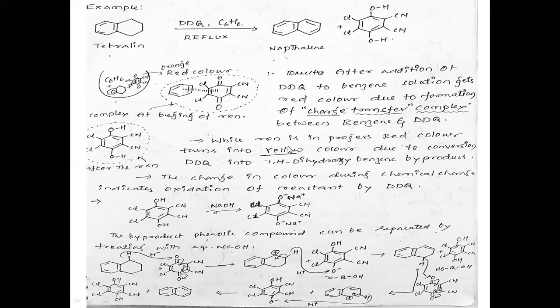While the DDQ is getting reduced, what is happening? The reactant is getting oxidized. Is it clear? DDQ is an oxidizing reagent. It itself undergoes reduction and it oxidizes another reactant. So the change in color during a chemical reaction indicates oxidation of the reactant by DDQ.